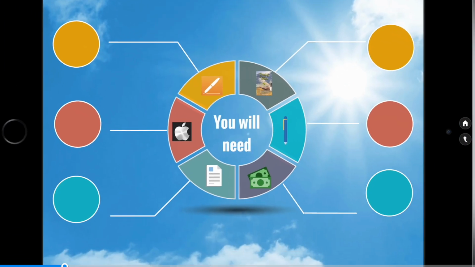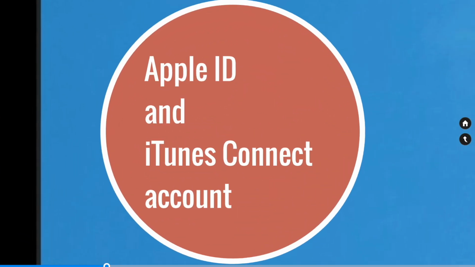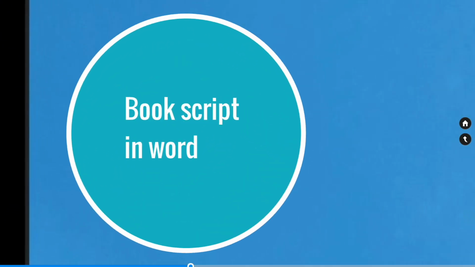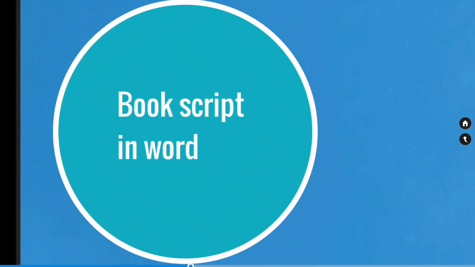You will need an Apple ID if you have any Apple devices. For instance, an iPhone, you will already have one. If not, it's easy to set up, and you also need what is known as an iTunes Connect account. I'll talk about that in a while. Your book script in Word format again.